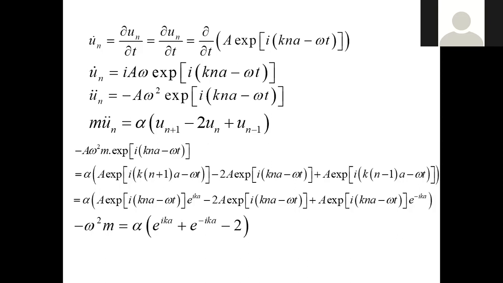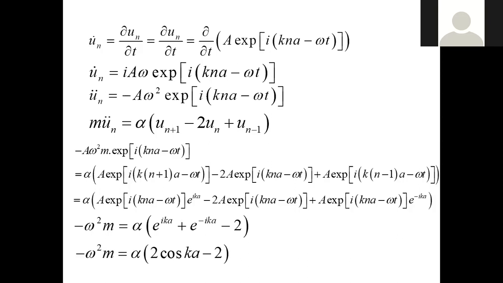Basically we get here a relation between frequency omega and the wave vector k. So this is one equation relating frequency versus wave vector. This type of relation is known as a dispersion relation. It means this relation gives us the frequency omega with which the system of atoms will vibrate, and it is a function of the wave vector k, where k is 2 pi by lambda.